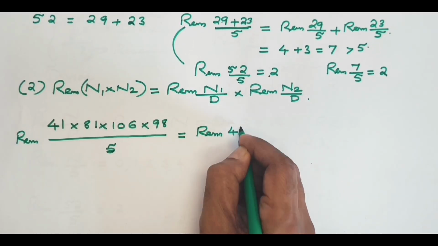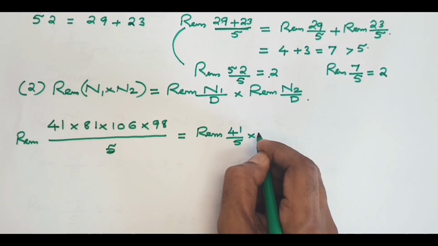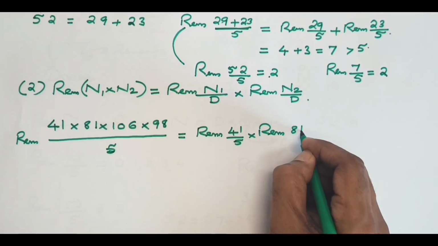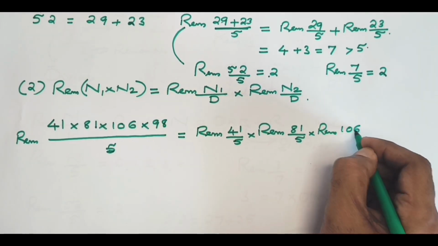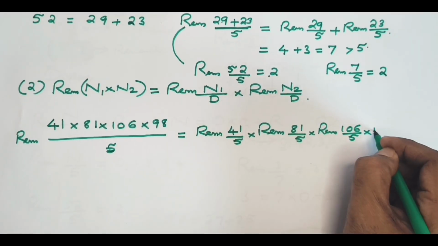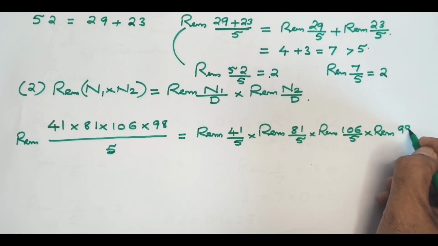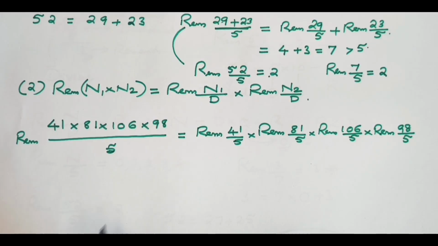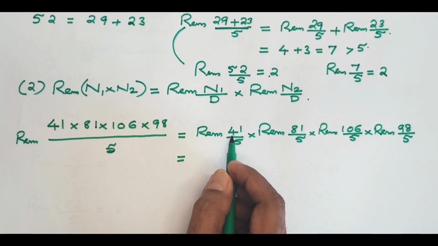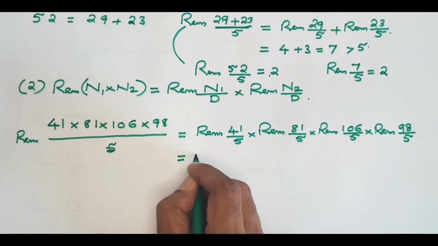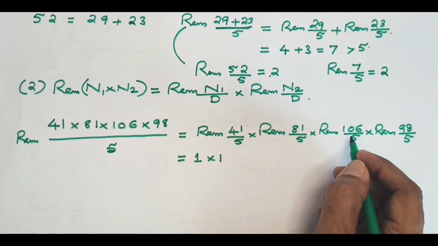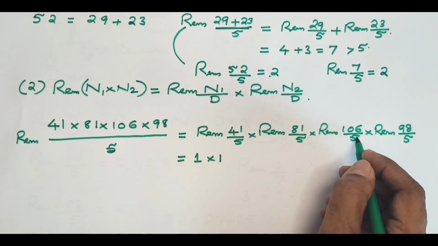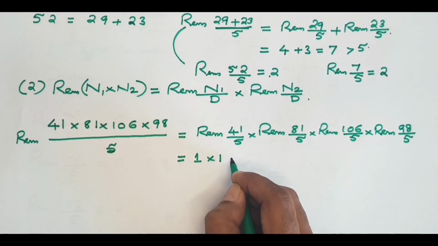Remainder of 41 when divided by 5 multiplied by remainder of 81 when divided by 5 multiplied by remainder of 106 when divided by 5 multiplied by remainder of 98 when divided by 5. This is very simple. Remainder of 41 when divided by 5 is just 1. Similarly, this will be 1. What about this one? 105 is a multiple, again 1.